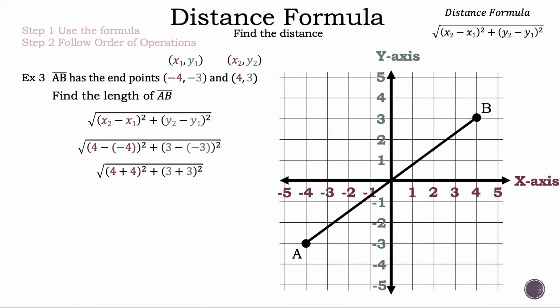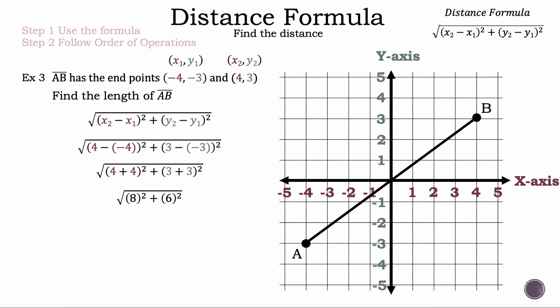So we're going to make the first parentheses 4 plus 4, and we're going to make the second parentheses 3 plus 3. And now we have the square root of 4 plus 4 in parentheses squared plus 3 plus 3 in parentheses squared. So let's continue by following the order of operations, and we're going to add inside the parentheses. 4 plus 4 is 8, 3 plus 3 is 6, and now we have the square root of 8 squared plus 6 squared.